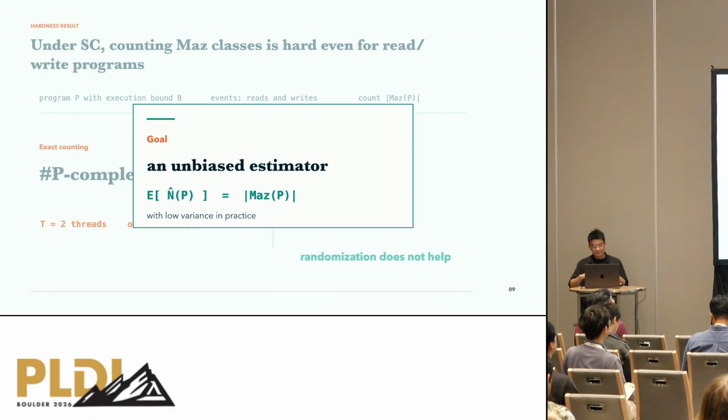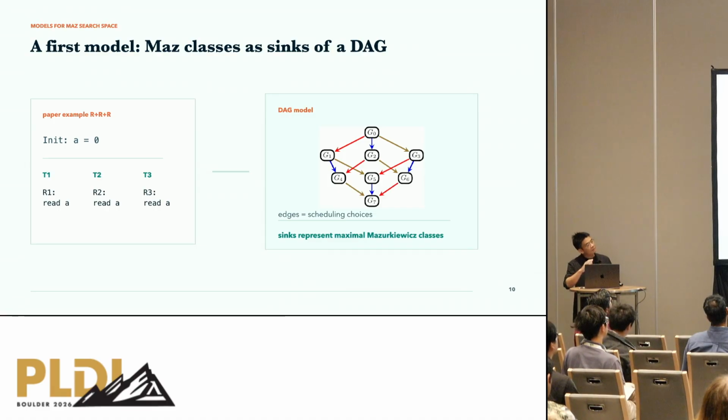And in principle, if we run this unbiased estimator sufficiently many times, the estimate will converge to the right value. And our hope is that in practice, the number of times we need to run for it to converge is reasonable.